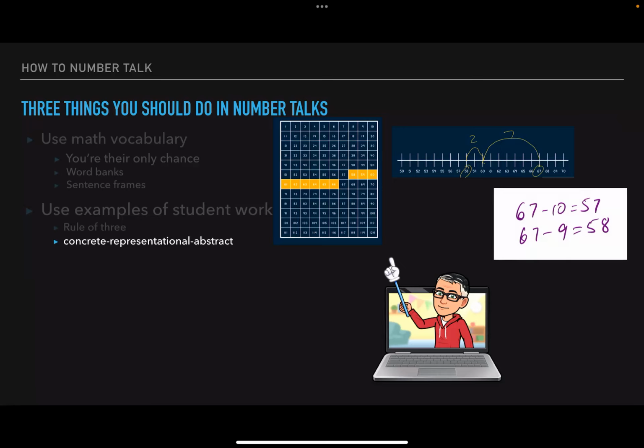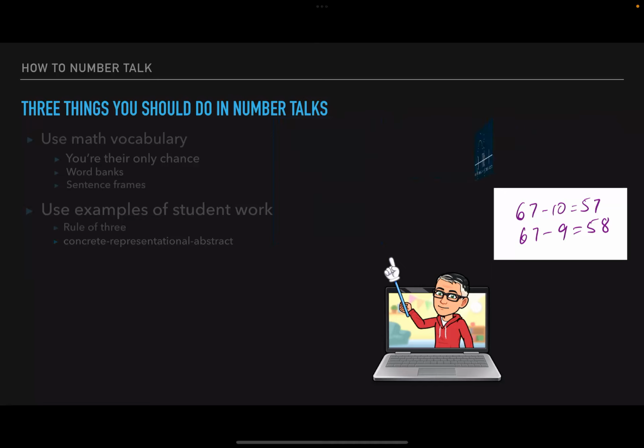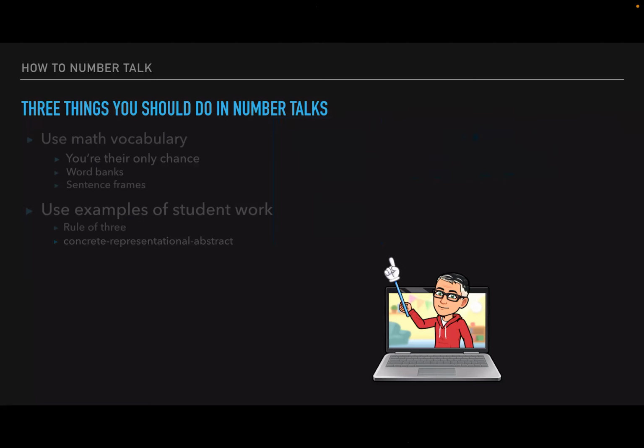And then you're going to have the abstract thinkers who will use compensation and say, well, why subtract 9 when I can subtract 10 and then just add one back? Try to find a way for everyone on the team to contribute.